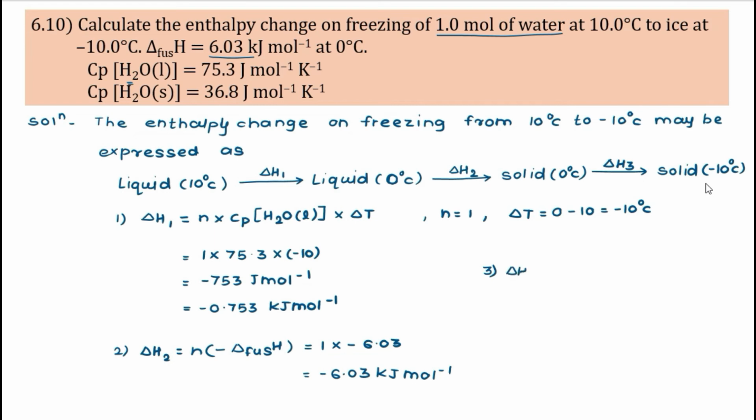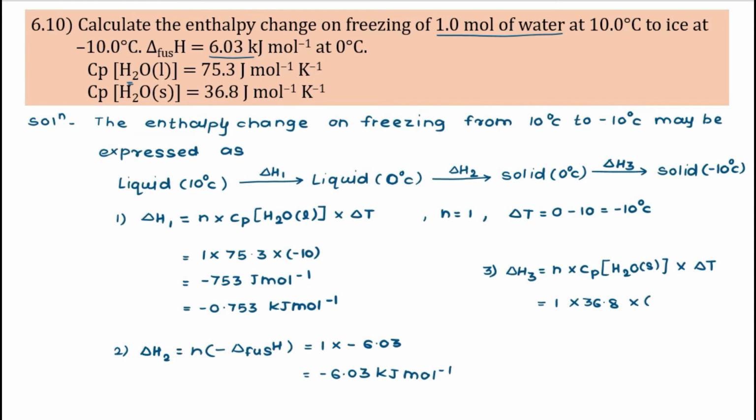So here delta H3 is given by n, that is number of moles of water, into molar heat capacity of water in solid state, into delta T. So n is 1, into heat capacity of H2O in solid state, 36.8, into change in temperature.